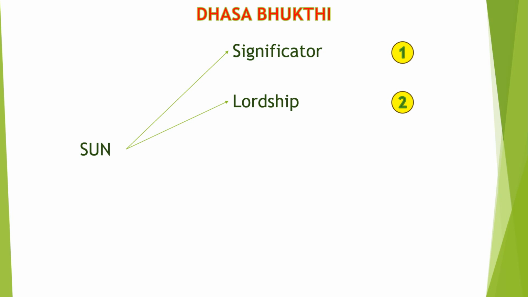And if any one of the houses has planets, then it will take the lordship of the other house. Thus we have discussed this in the lordship lesson itself. So here the Sun will give its benefits to the lordship house irrespective of which bhava it is.